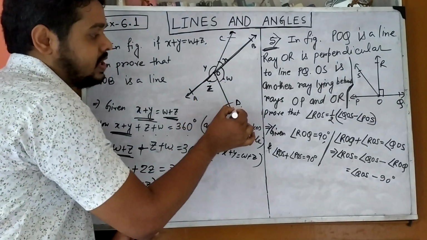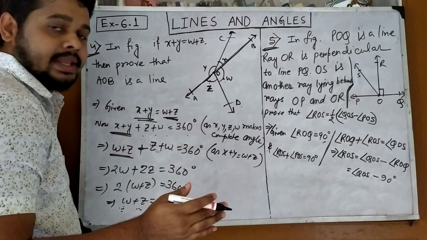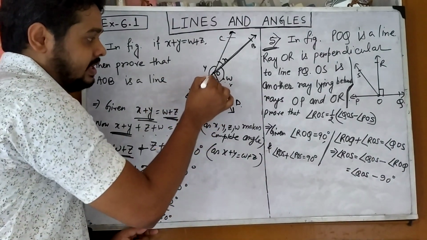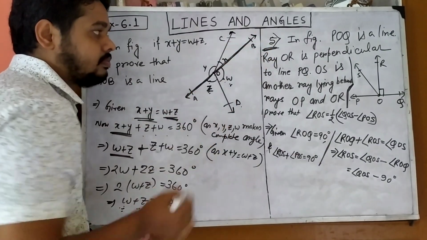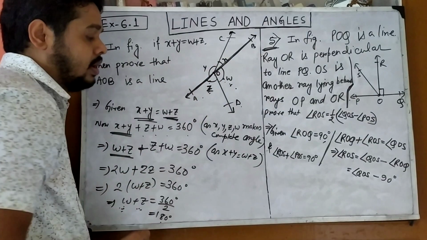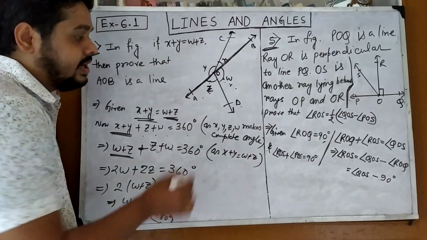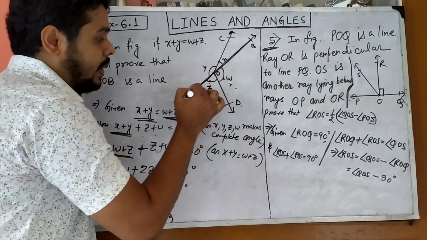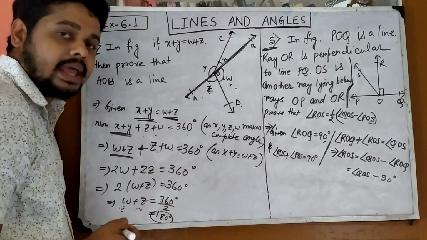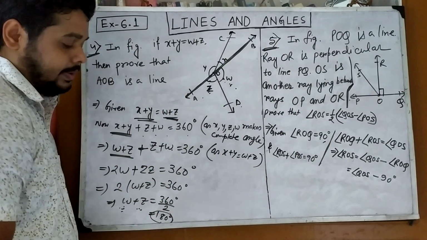OD is a common line here, and for these 2 angles w and z, these 2 lines are the non-common sides. As their sum is 180 degrees, they always lie in a line. So hence we can say AOB is a line.